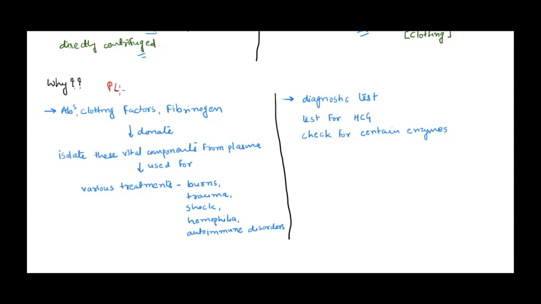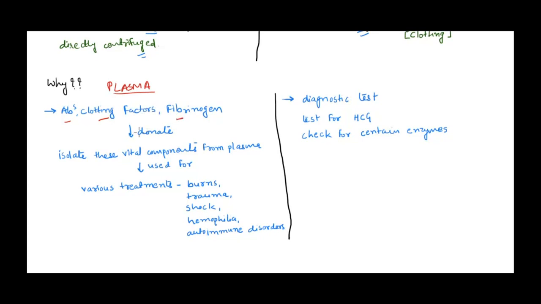Now plasma in our body, we know that the primary purpose of plasma would be to transport nutrients, hormones, cells, whatever it contains, in different parts of the body. So it has all the vital components like antibodies and clotting factors, to be very specific fibrinogen, that is present in the plasma.